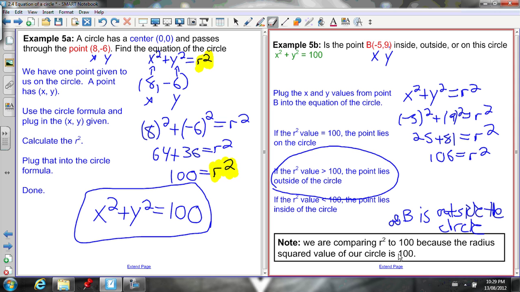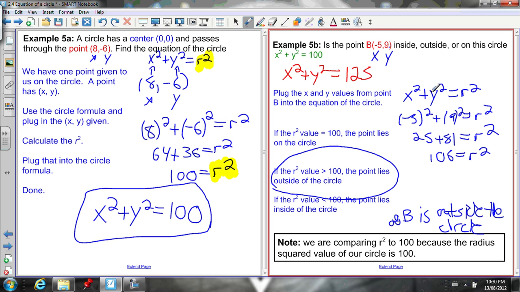Okay? Another important thing to note here, don't get caught up always trying to compare the number to 100. We're only comparing r squared to 100 because the radius squared value of the circle that we've been working with in this question was 100. Okay? If it asked us about does -5, 9 lie inside or outside the circle defined by the equation x squared plus y squared equals 125, we would compare the r squared value.